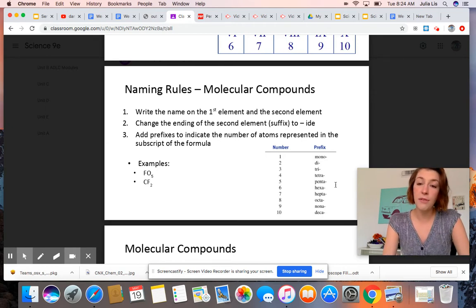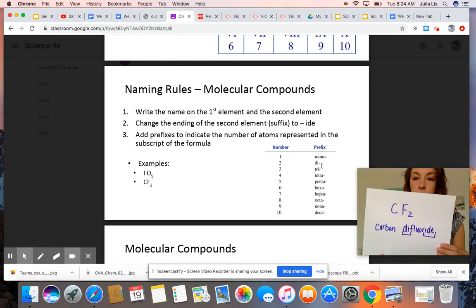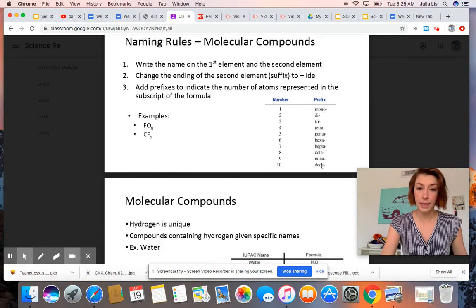And then I'm going to find the prefix for 2. So that's di. So I'll put difluoride. I still change the ending to IDE, and I just add that prefix. Carbon difluoride. Okay.